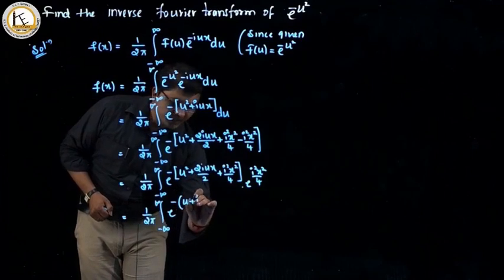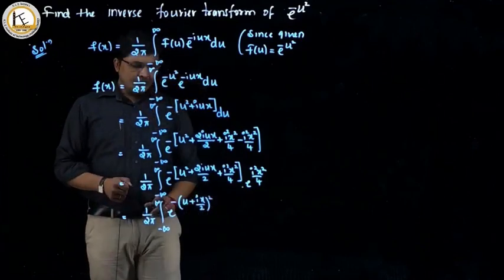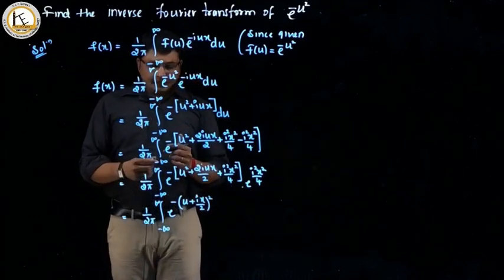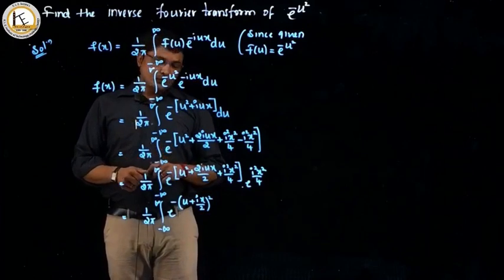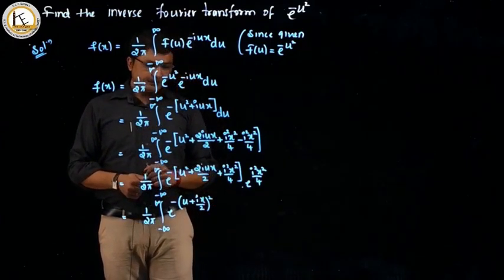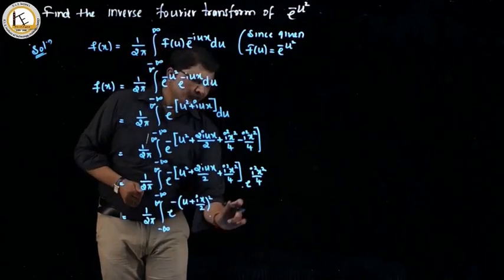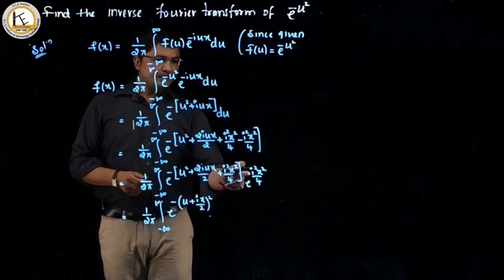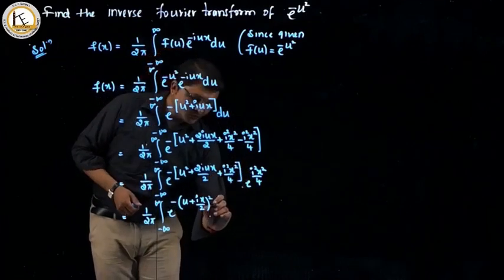So it is 1 by 2 pi integral minus infinity to plus infinity, again e raised to minus, in bracket. Now we know that u square plus 2iux by 2 plus i square x square by 4 can be written as u plus ix by 2 the whole square.